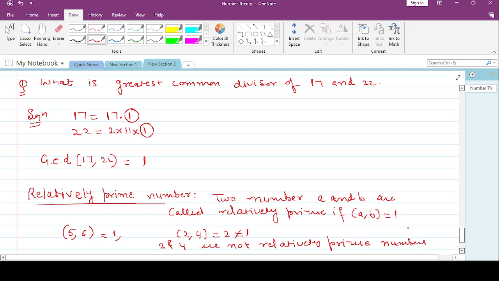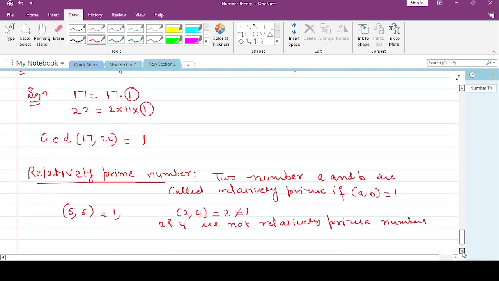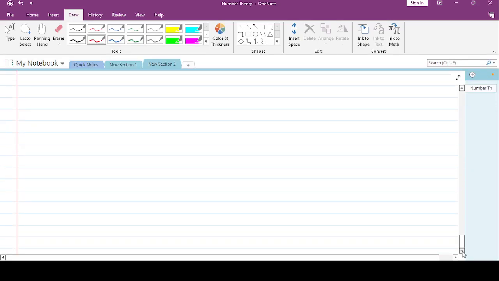Now next, we want to see one more thing. Sometimes this is also asked. For example, suppose that you have one number A, which is expressed like this: p1 raised to the power alpha 1, p2 raised to the power alpha 2, and so on, pn raised to the power alpha n.